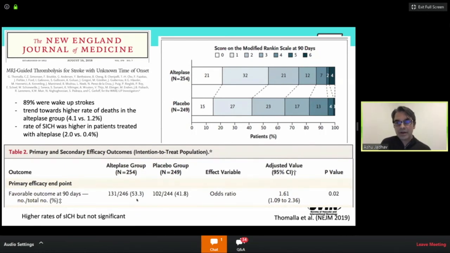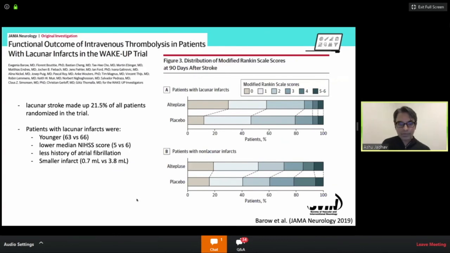Again, this trial did show benefit for the primary endpoint, despite higher rates of death and hemorrhage in the treatment group. So what are the other considerations with this data set?